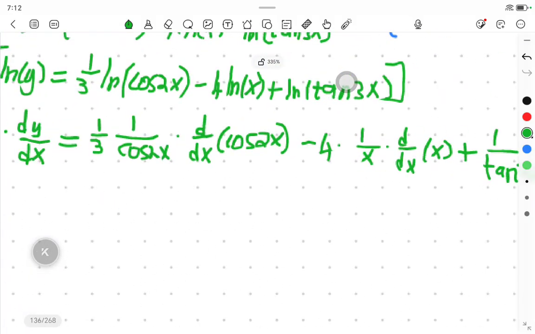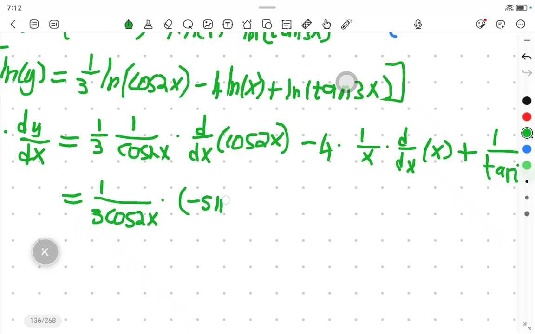So, in this case, this will be 1 over 3 cos 2x times, when I derive cos 2x, the first thing when we derive cos, we get a negative sign. So this will just be negative sine 2x, then times the derivative of 2x, which is the inside of the cos function.